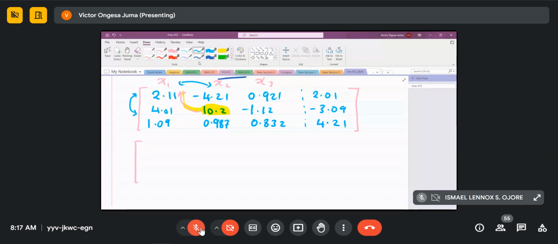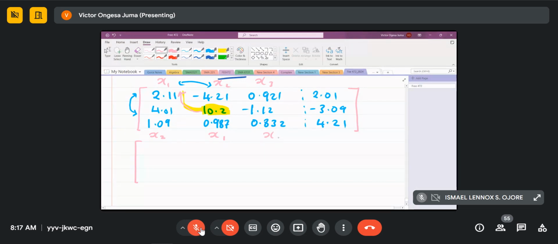And so this is where this becomes important. Remember, when we switch column 1 and column 2, what have we switched in terms of the variables? Anytime you switch columns, you are also changing the positions of your variables. So when you switch column 1 and column 2, it means now the elements here will correspond to x2, and elements here will correspond to x1 and x3.